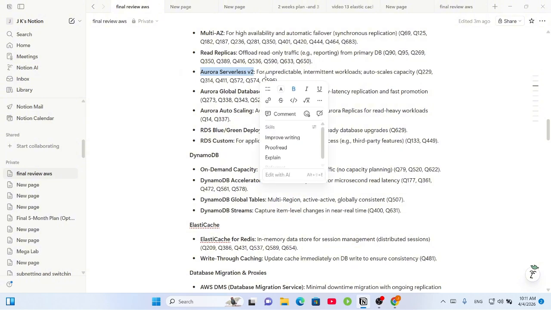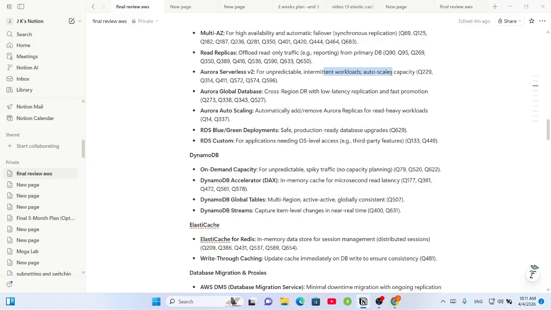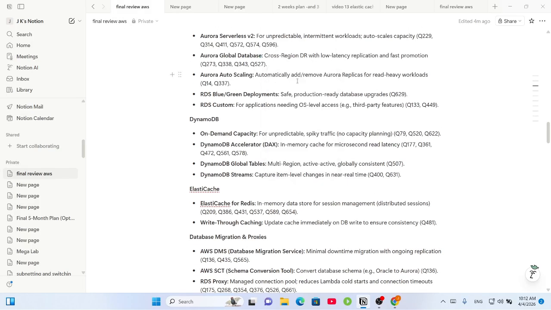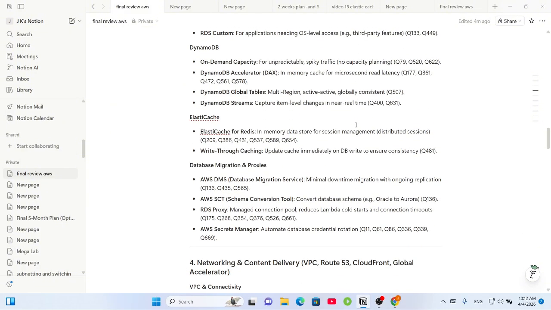This is new for us, but we said v2. We use it for unpredictable intermittent workload that provides autoscaling. Global Database, we said if we need cross-region disaster recovery with low latency replication and fast promotion. Auto Scaling just automatically adds or removes replicas for read-heavy workloads.